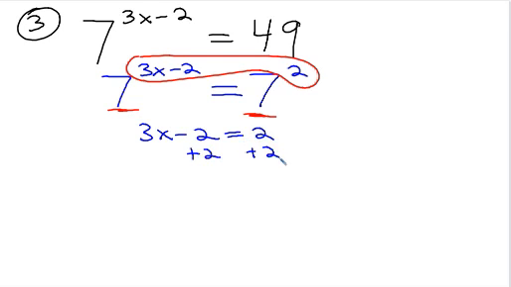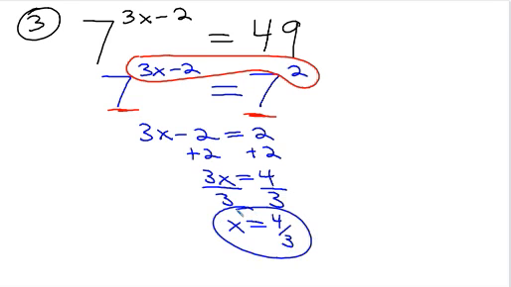Add 2 to both sides. 3x equals 4. Divide both sides by 3. So x equals 4/3. So we've got the idea, but there's, as always, a couple little situations that I want to walk you through that you're going to run into.